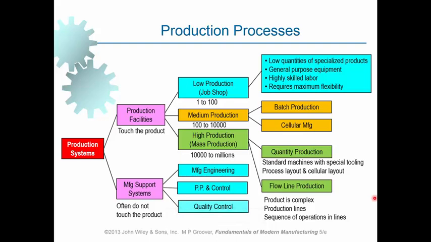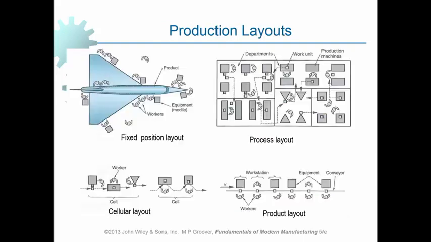In flow line production, the product is complex, and we are required to arrange the machines in a way that these complex parts can be machined so that production flow is continuous. Well, let's take a look at different layouts, as we can see in this slide.